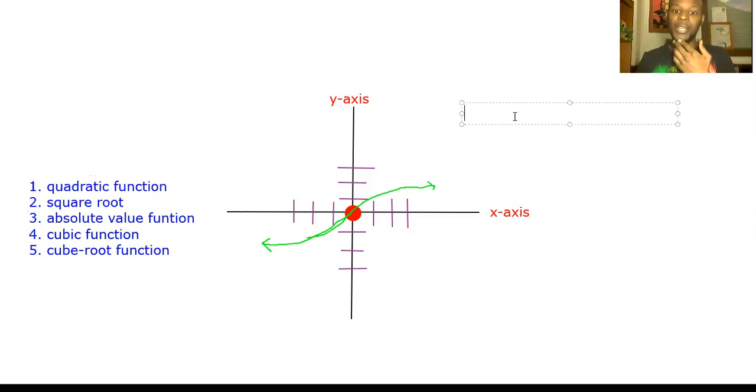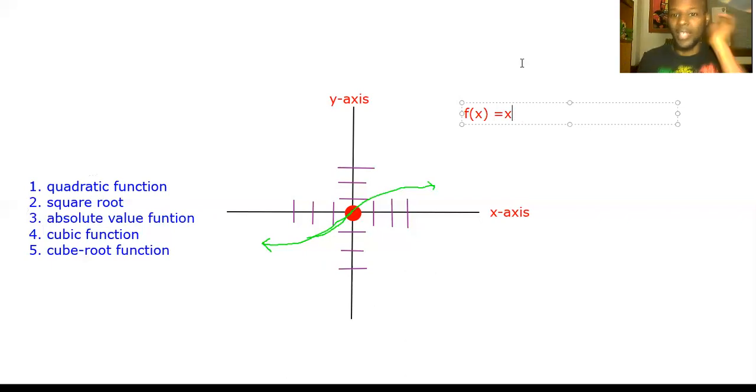Now, I think it would help, in fact, I know it would help if I at least write out each one here in this video, so you don't have to be like, well, why would you create a video and tell us what it's called and not show us what it looks like? Because I would be wondering the same thing. So let me go ahead and do that here. The function of x is equal to x raised to the second power.